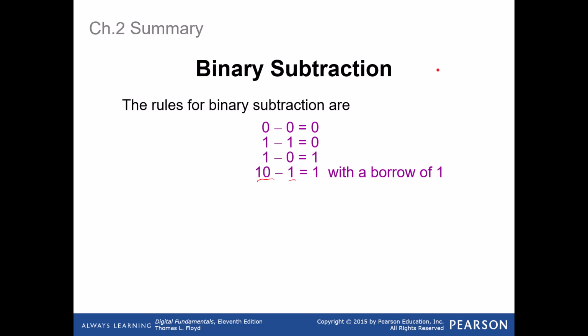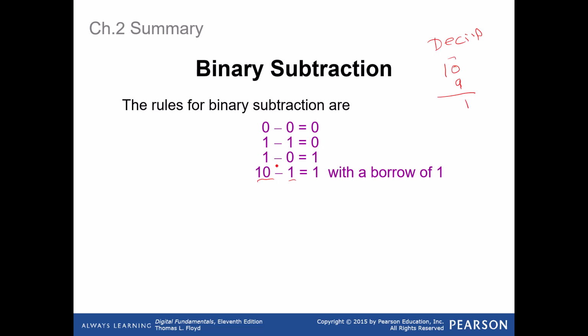Maybe this one will look a little bit confusing, but it shouldn't. Let's say we are dealing with decimal. If somebody gives us 9, and we subtract, we say, okay, we can't, so we borrow, and it's 10 minus 1, which is 9.